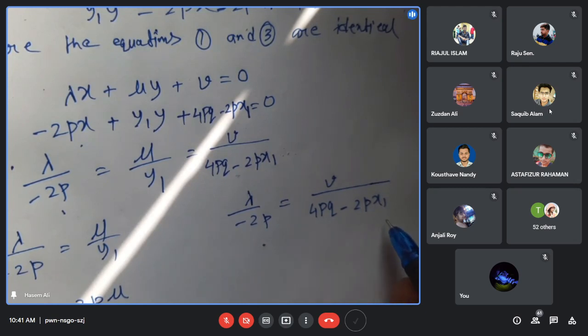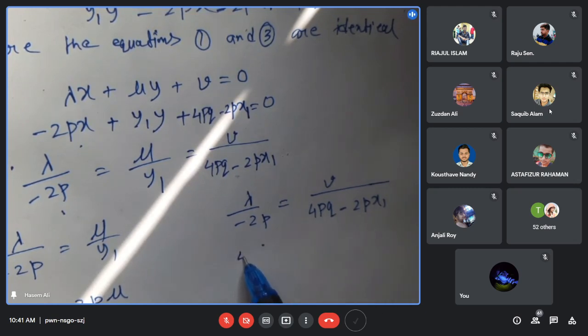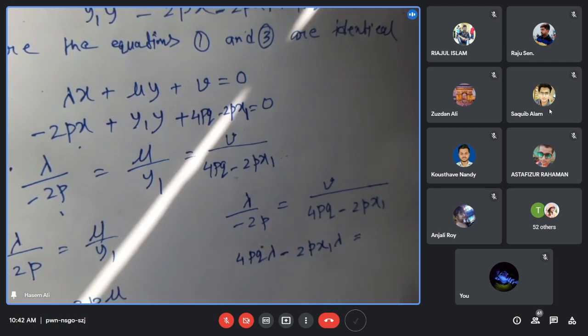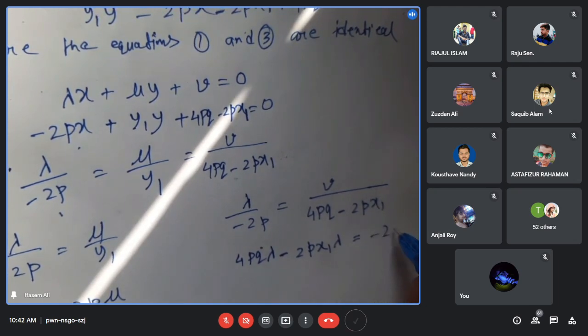Now find x1. So 4pq lambda minus 2p x1 lambda equals to minus 2p v.